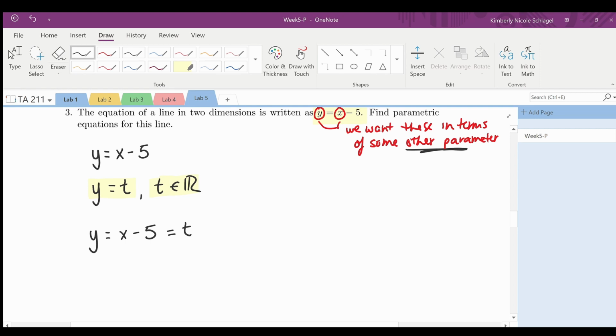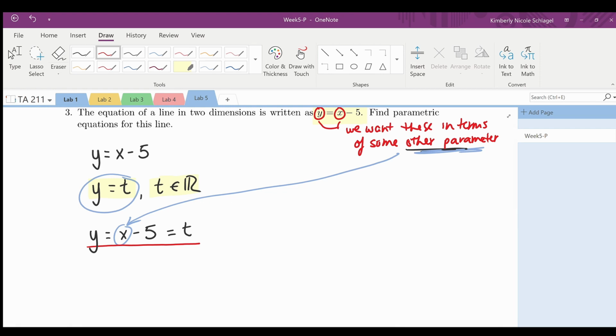Now we have y in terms of another parameter, but we don't have x in terms of another parameter. So next we have to isolate for x. We need x in terms of t now.